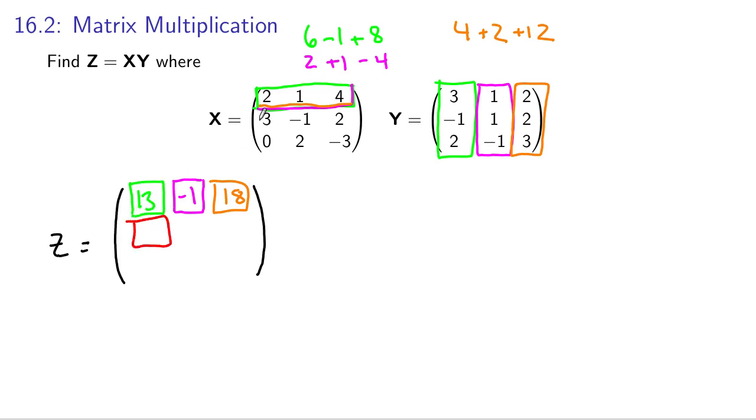So here we have the second row and the first column. So we would have 3 times 3 is 9. Minus 1 times minus 1 is plus 1, and 2 times 2 is 4. It gives us 14.